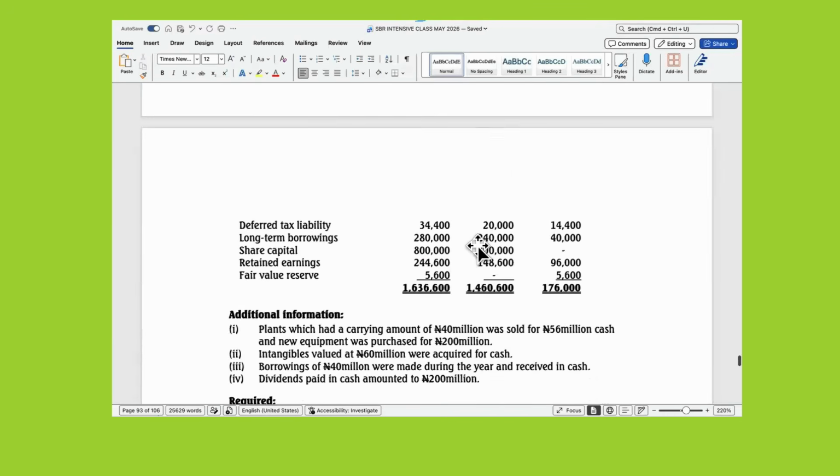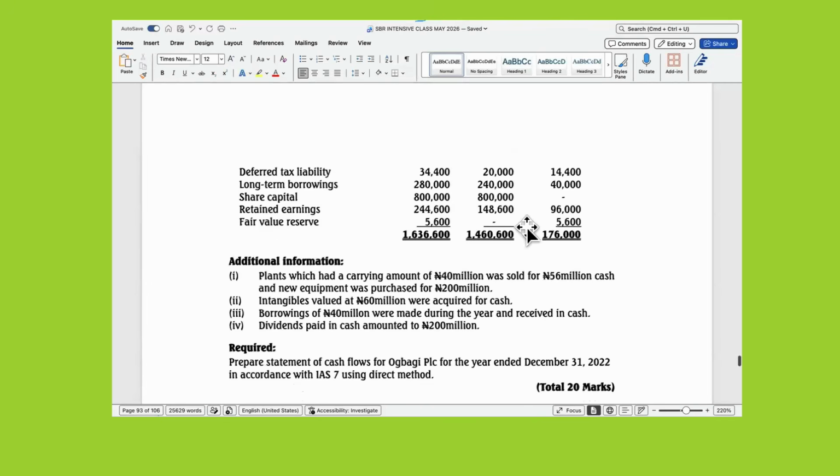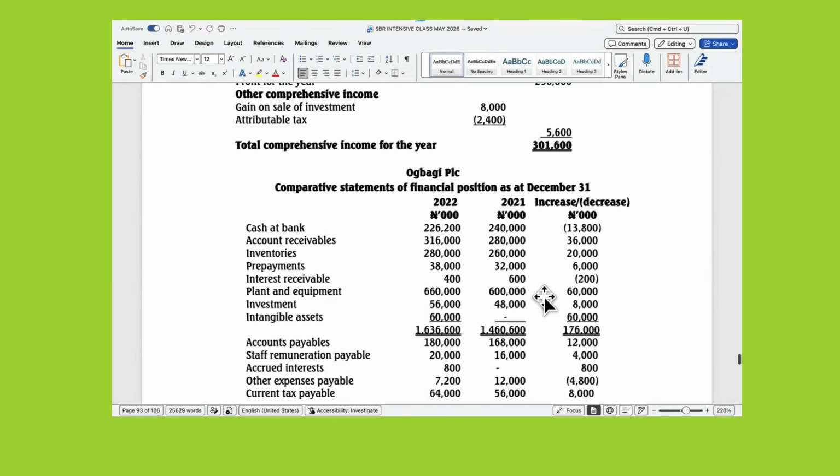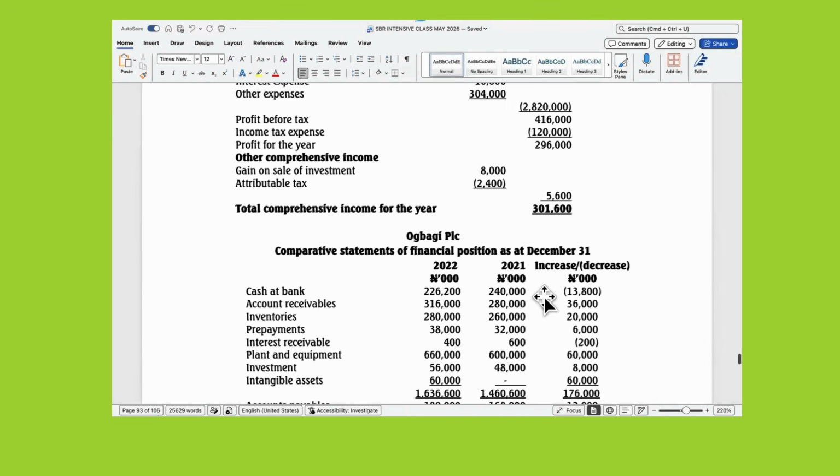And perhaps if you check the last item here, fair value reserve of 5.6, that's the balance here in this OCI after they remove the tax from this reserve of 8,000. That 5.6, that shows that this 8,000 is non-cash. I've dealt with the 2.4 tax, so the remaining 5.6 was treated as a reserve, which is a non-cash item. So that's pretty much all that for investing.